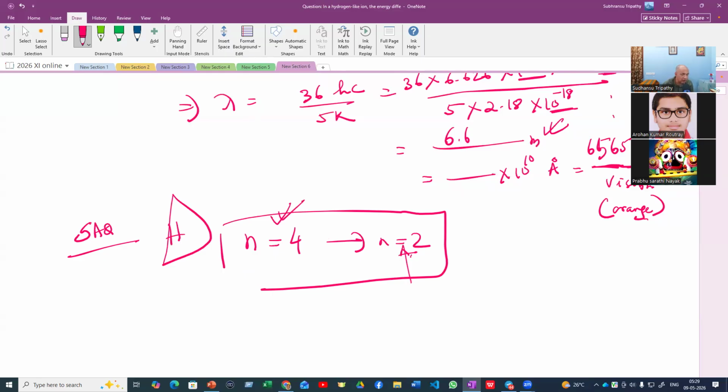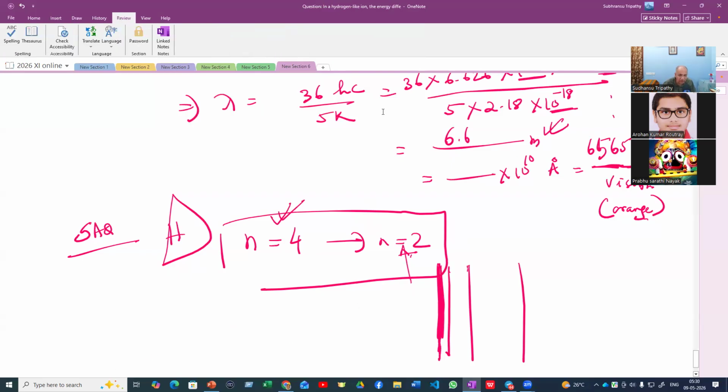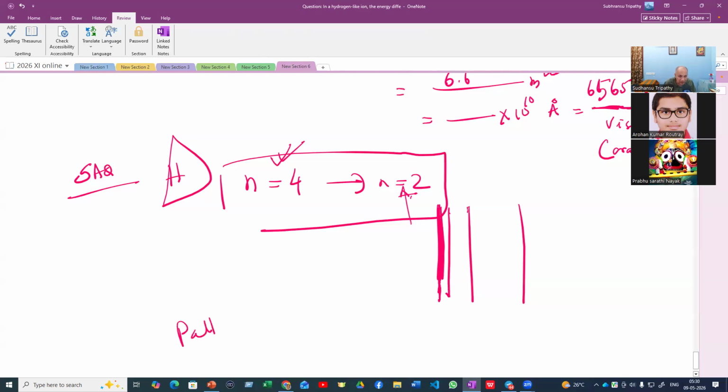All of the lines will fall in the visible region, but the pattern is the same. There will be a first line here, and the second line will have a quite evident, large gap. In the blue region it will be about 4,000 something, and then the indigo region, and finally in the violet region the lines will go on overlapping. So the pattern is convergence.